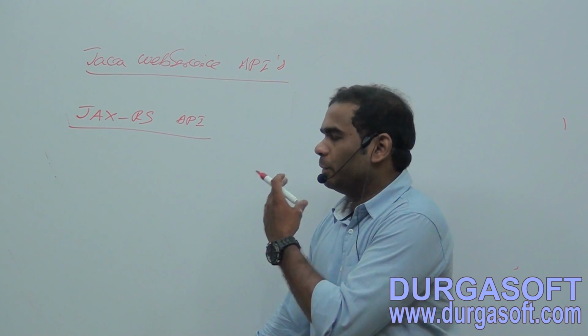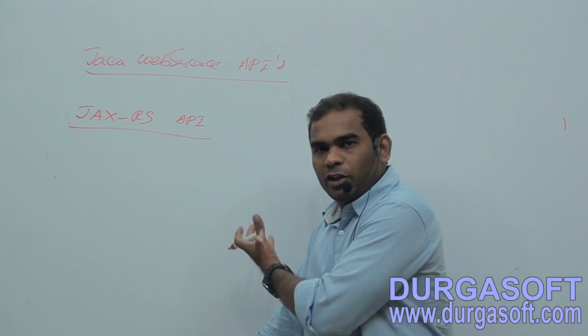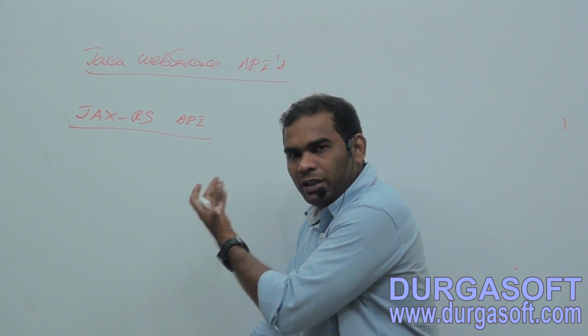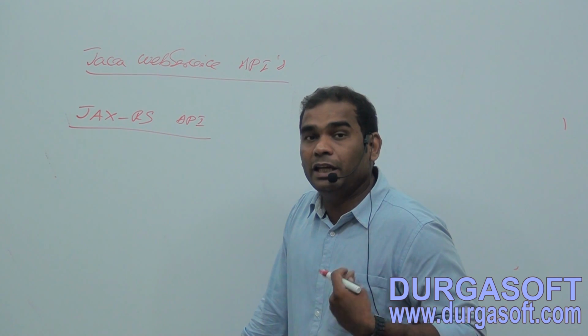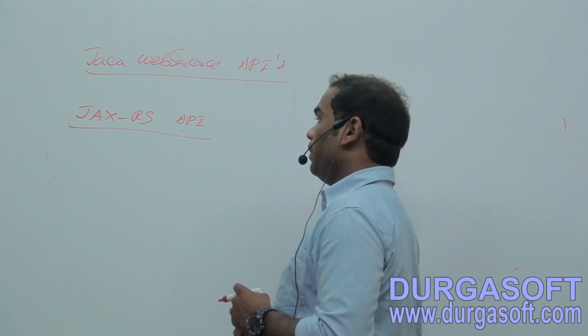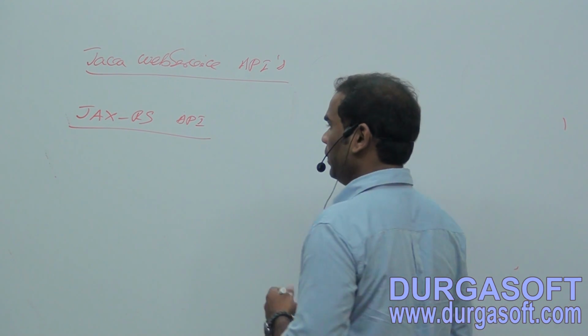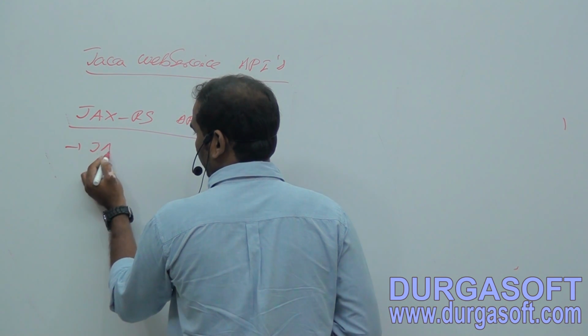As we know, this is a specification, so we cannot develop a web service or web service client using this specification. We need the implementations. What are the implementations we have for the JAX-RS API?